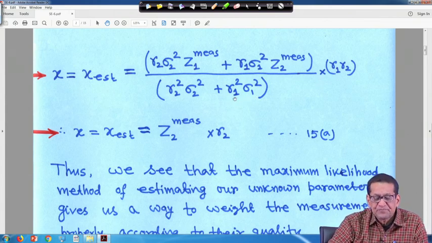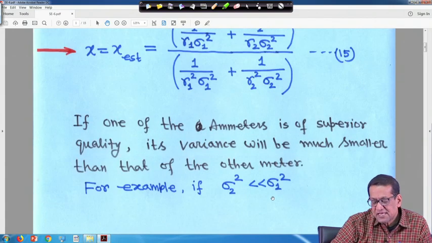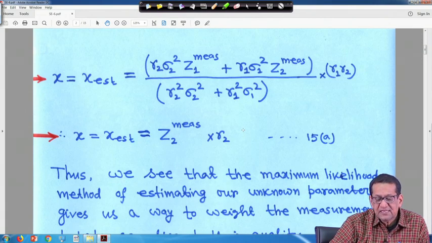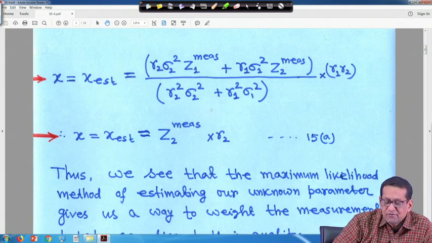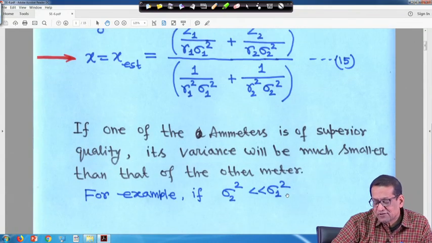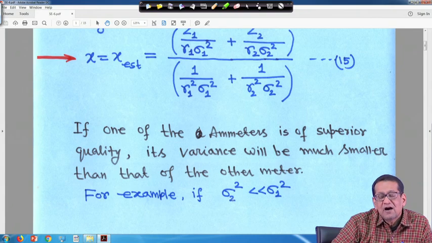Now, if you look into that, if sigma1 square is much greater than sigma2 square, in other words sigma2 square is much lower than sigma1 square, then in that case you can neglect sigma2 square, because it is very small compared to sigma1 square.